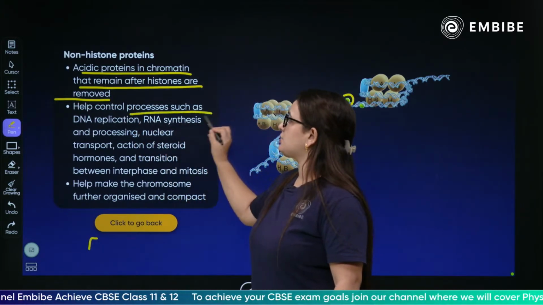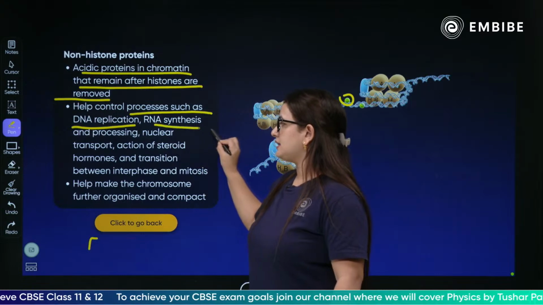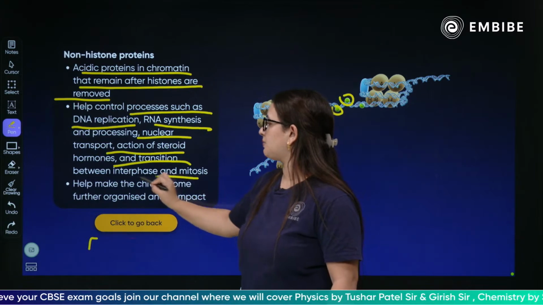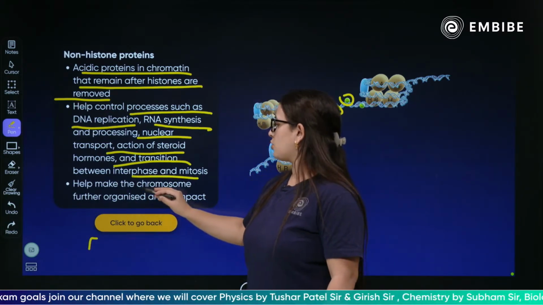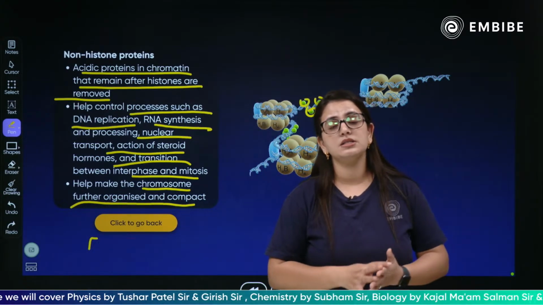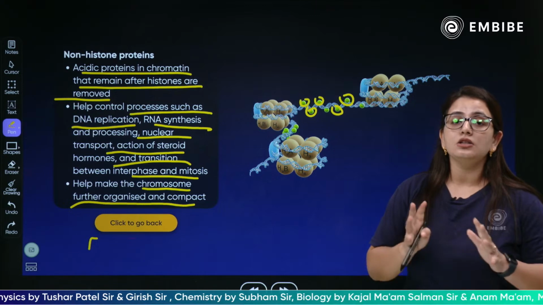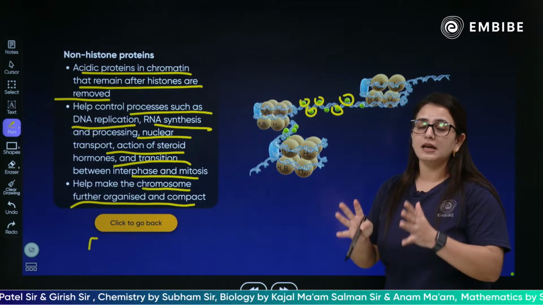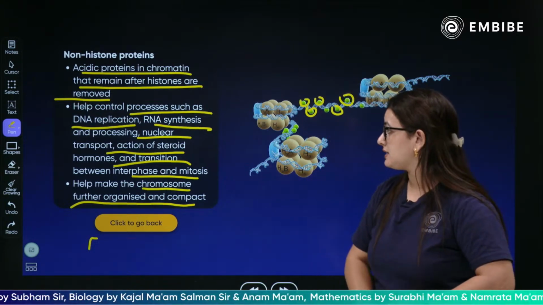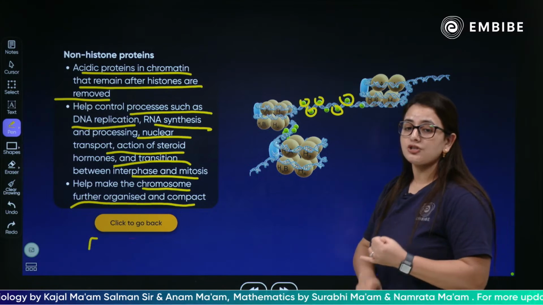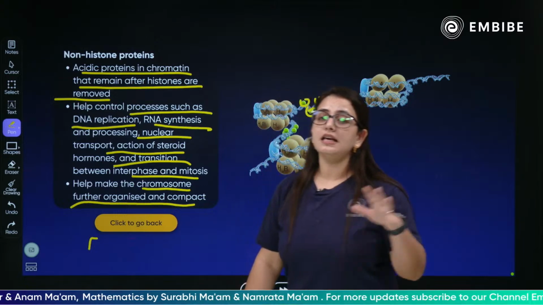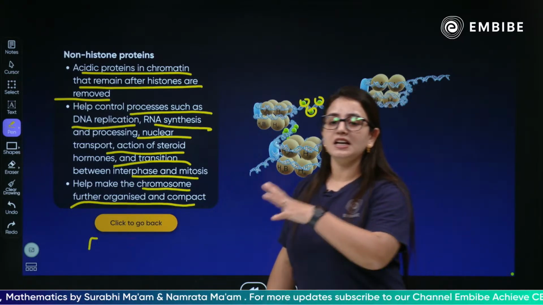They help control processes such as DNA replication, RNA synthesis, nuclear transport, action of steroid hormone, and the transition between interphase and mitosis. They help make chromosomes further organized and compact. Can you imagine how important these non-histone proteins are? They help in DNA replication, RNA synthesis, steroid hormone action, and the transition from interphase, the preparatory phase, into mitosis, the division phase.